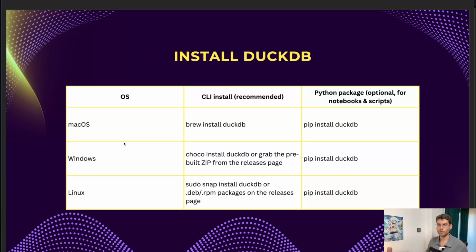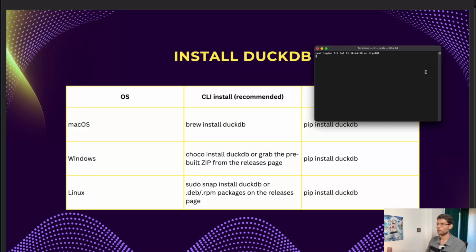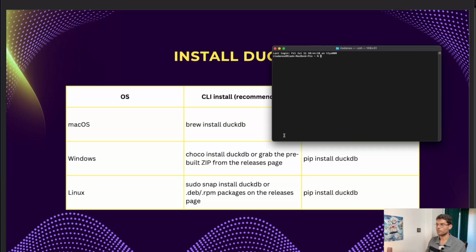Next, how to install DuckDB. Very simple. If you're on macOS, you just do brew install duckdb. If you're on Windows, you just grab these pieces of code and put them in your terminal. So for example, call the terminal, and in your terminal you can write brew install duckdb if you're on Mac. I've already done it, so I won't be doing it again, but it will run within a few seconds and you will have it installed on your MacBook.